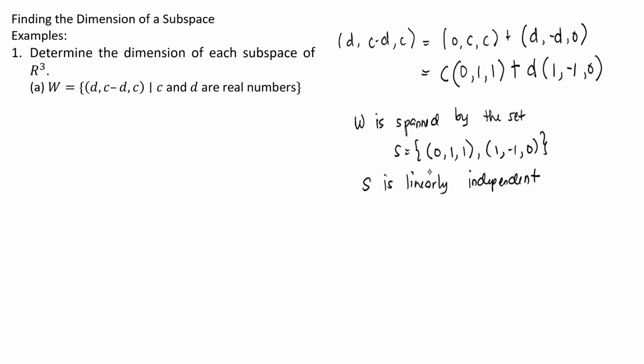Thus, we have shown that W is spanned by the set S, and S is linearly independent. So we say that S is a basis for W. So W is a two-dimensional subspace of R3 since the basis has two vectors.